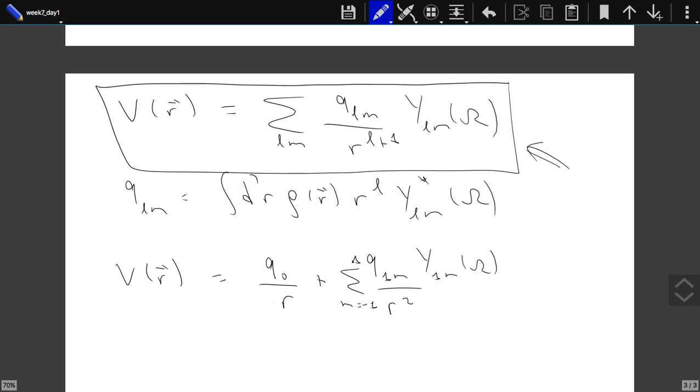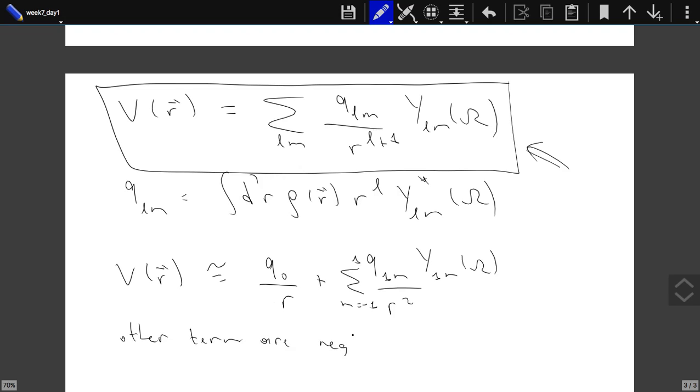In the sense that if you just say V of r is equal to Q_0 over r plus the sum of Q_1M Y_1M divided by r squared, from m equals -1 to 1, and you say that this is approximately true, then there are two possibilities.